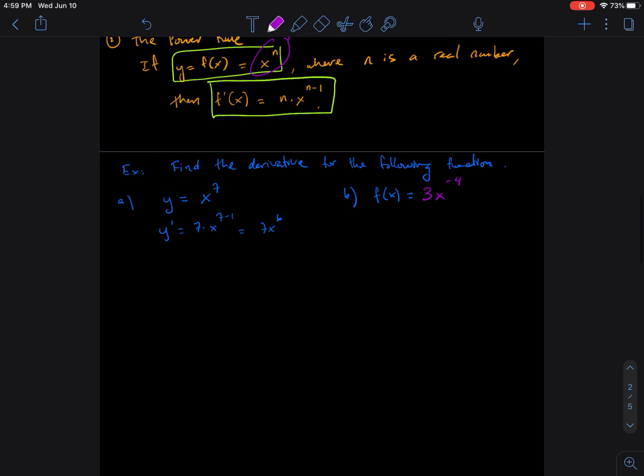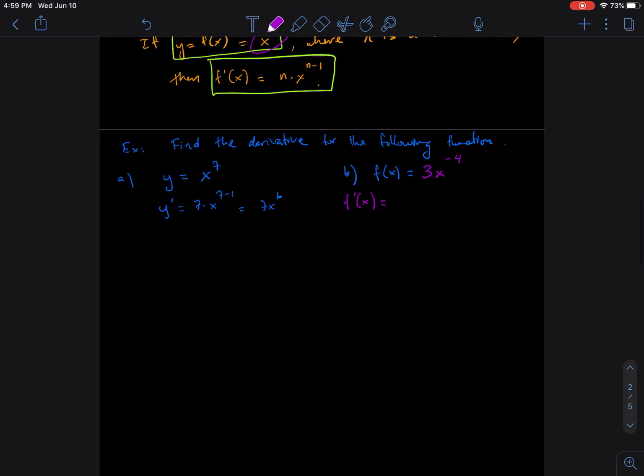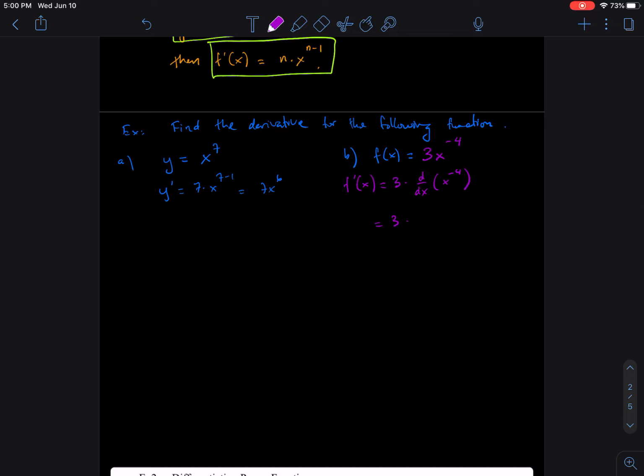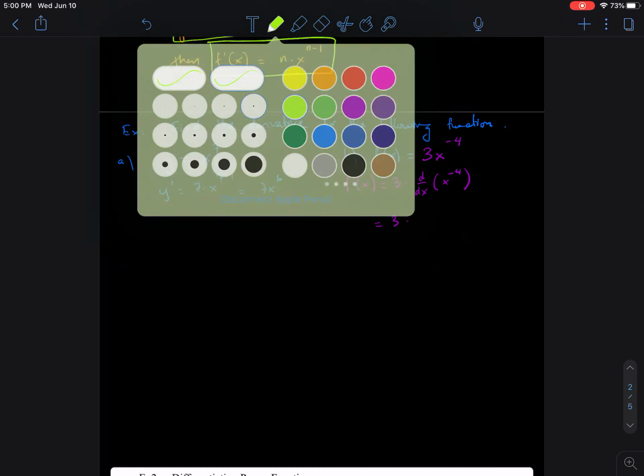So you don't have to write this, but I'm going to write it for you just one time to see what the property is saying here. They're saying that the derivative is equal to just 3 times the derivative of this polynomial here. So we just leave the constant in front and times the result, the derivative of this x to the negative 4.